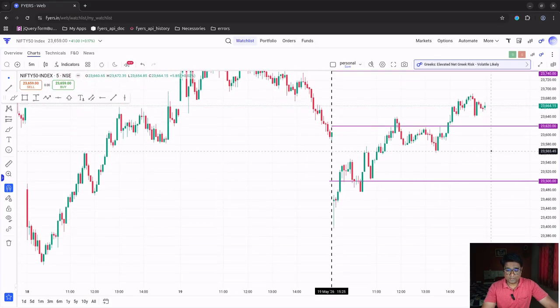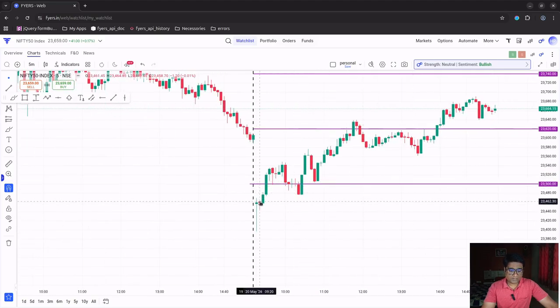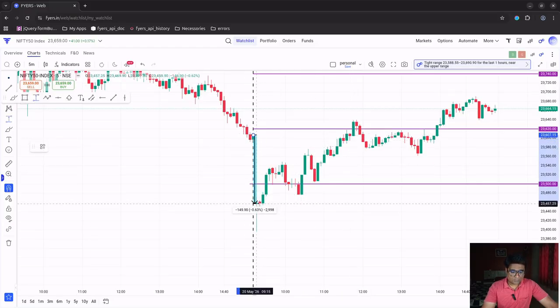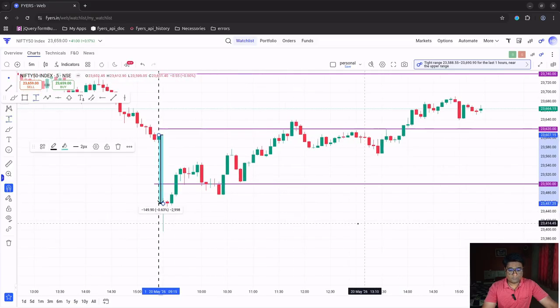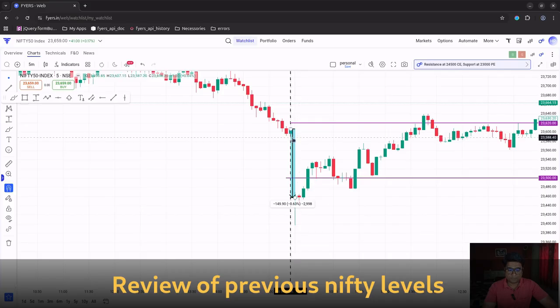So that's what happened. Market opened with a huge gap down. Here you can see how much the gap is, almost minus 0.63%, 150 points, a huge gap down.